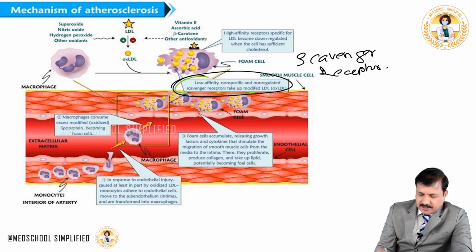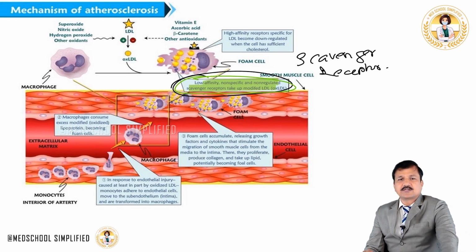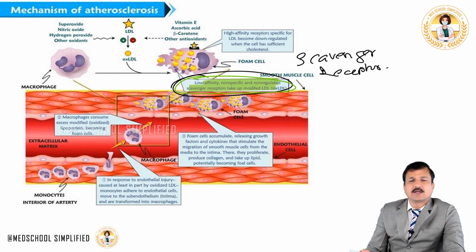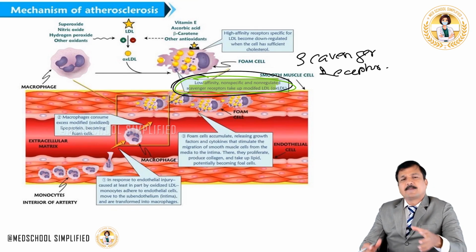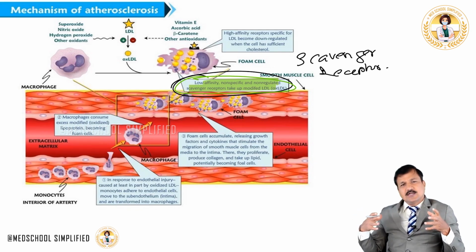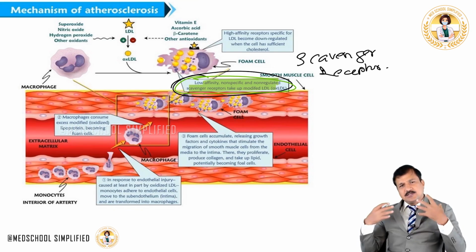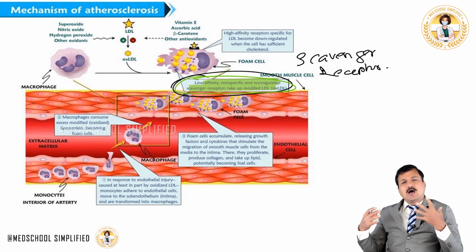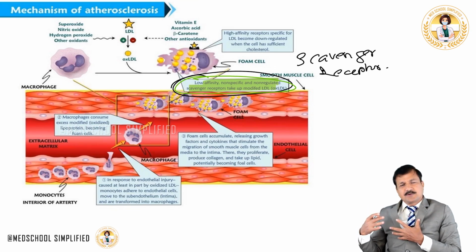So as it is written here, low affinity, non-specific, non-regulated scavenger receptor. So what they will do is, they will continuously uptake oxidized LDL molecules, and thereby they will fill up with all the oxidized LDL molecules inside, right? So they will take up as much oxidized LDL as possible, because they are non-specific and non-regulated receptors.